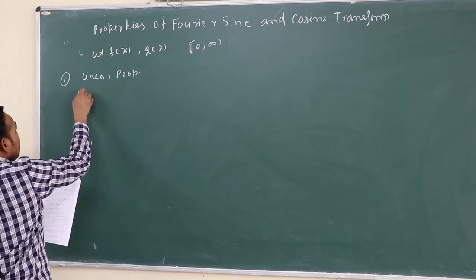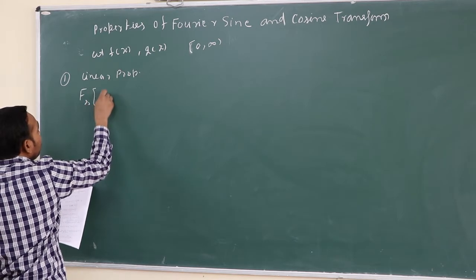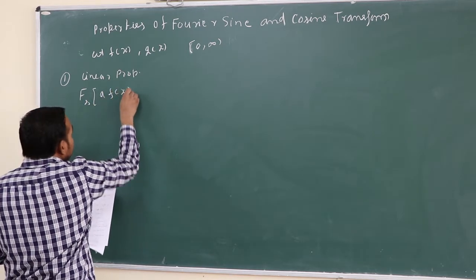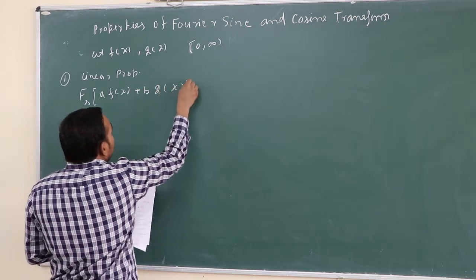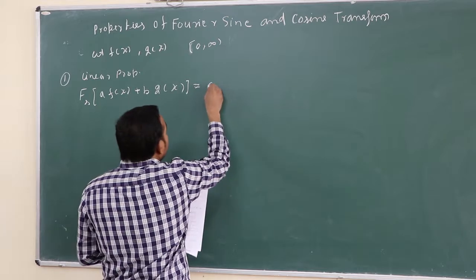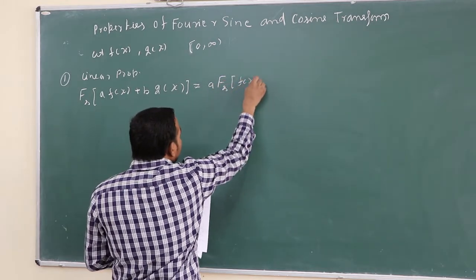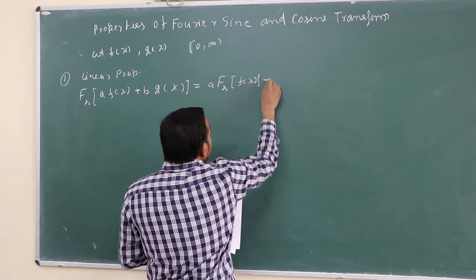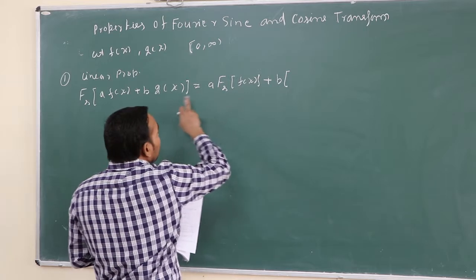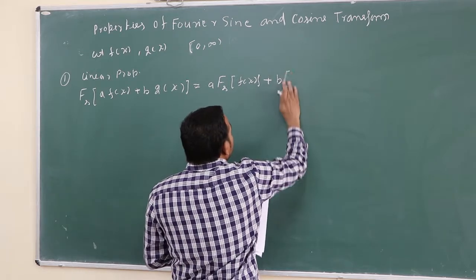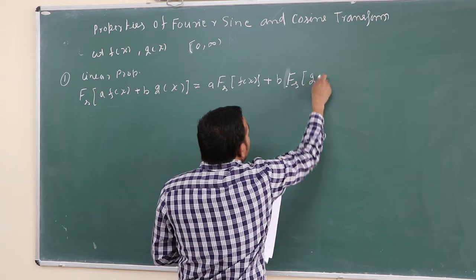The linear property says that the Fourier sine transform of a f of x plus b g of x equals a times the Fourier sine transform of f of x plus b times the Fourier sine transform of g of x.